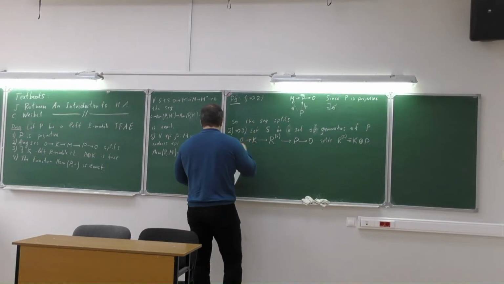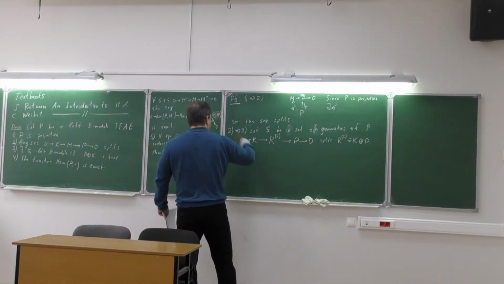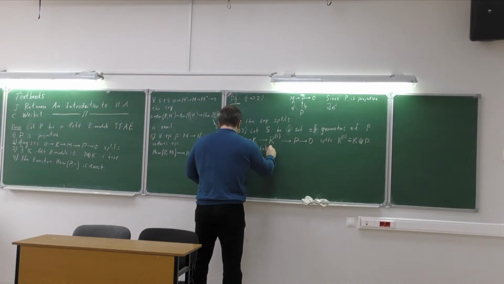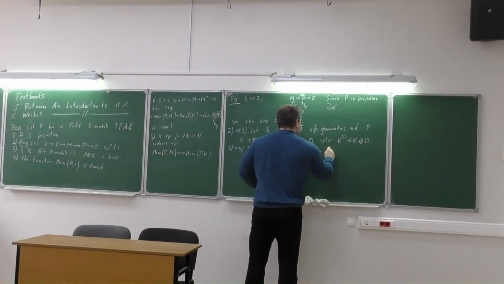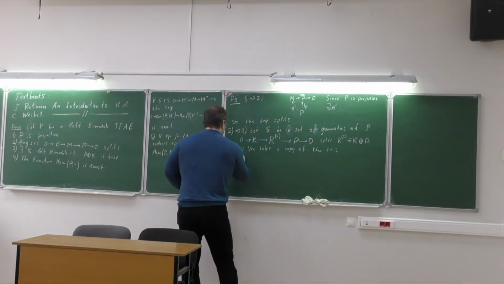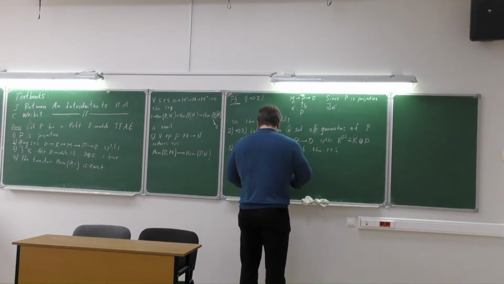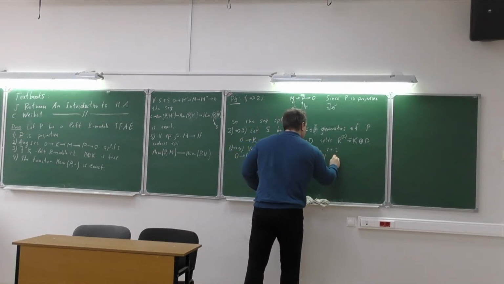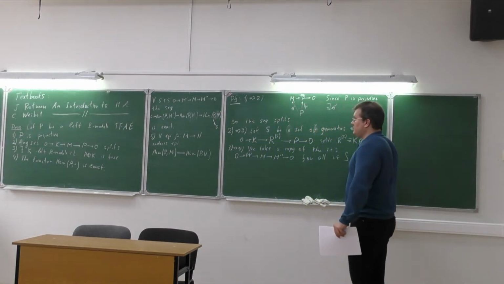So let me say it like this. We have the short exact sequence from condition 4, and we take a copy of the short exact sequence 0, M prime, M, M double prime, for all little s in the set S. So the set S is the same as before.